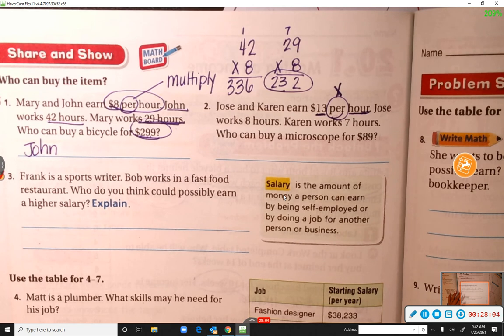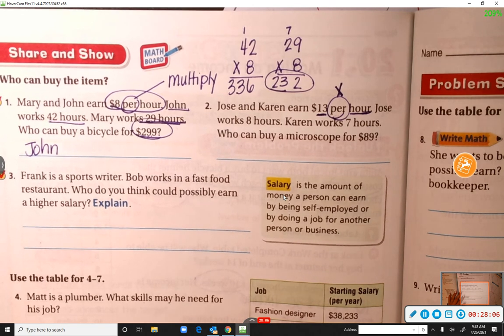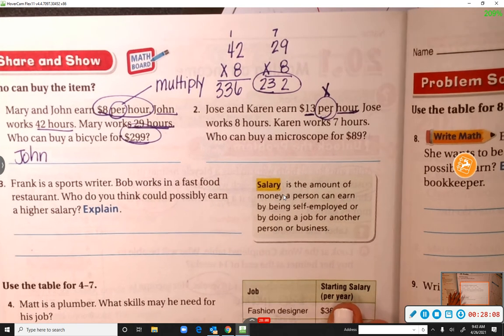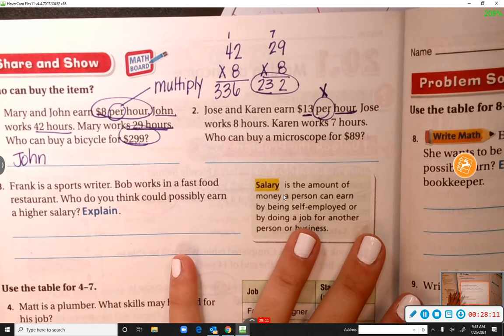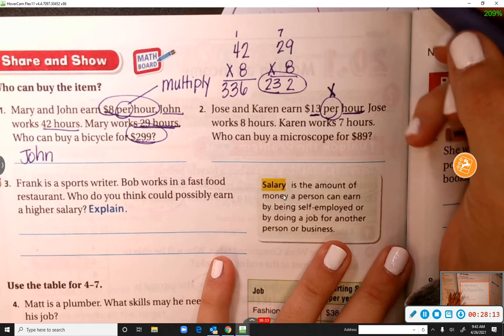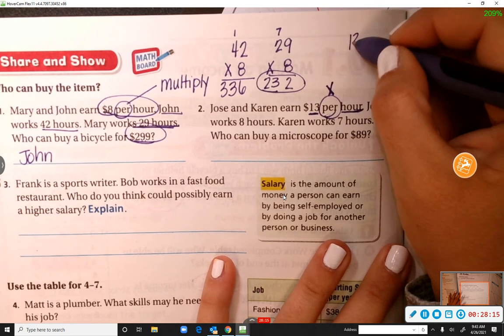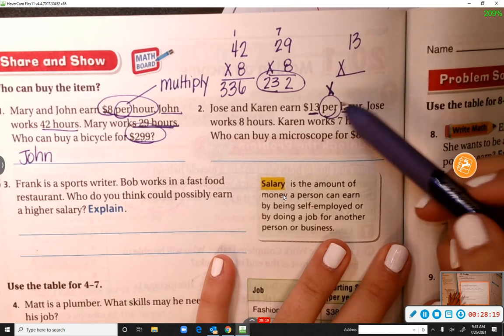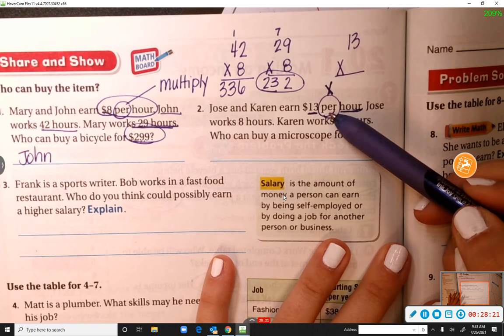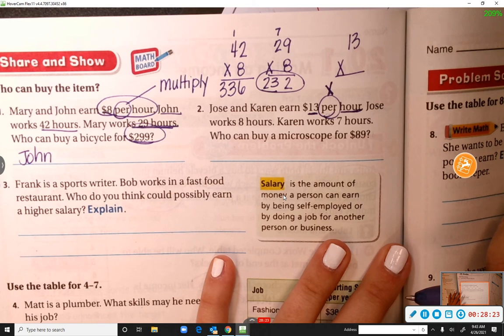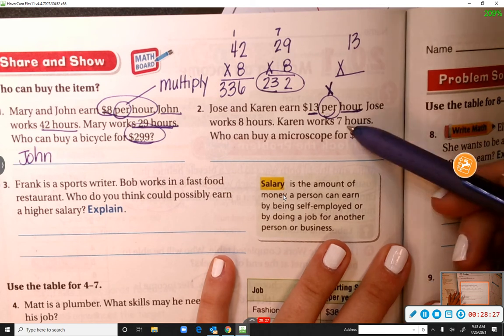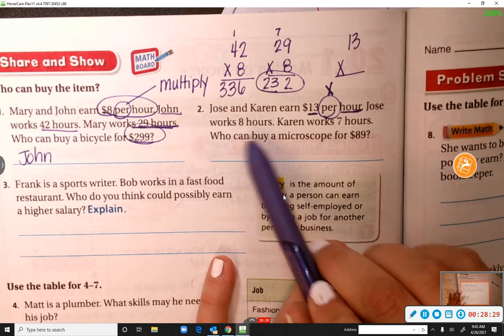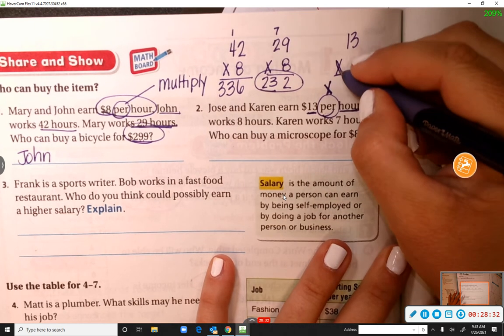So we're going to multiply $13 and $89. Nope. You are going to multiply, but $13 and 7 hours instead. We're going to go ahead and start with 8. Jose works 8 hours, so let's start with the 8 first.